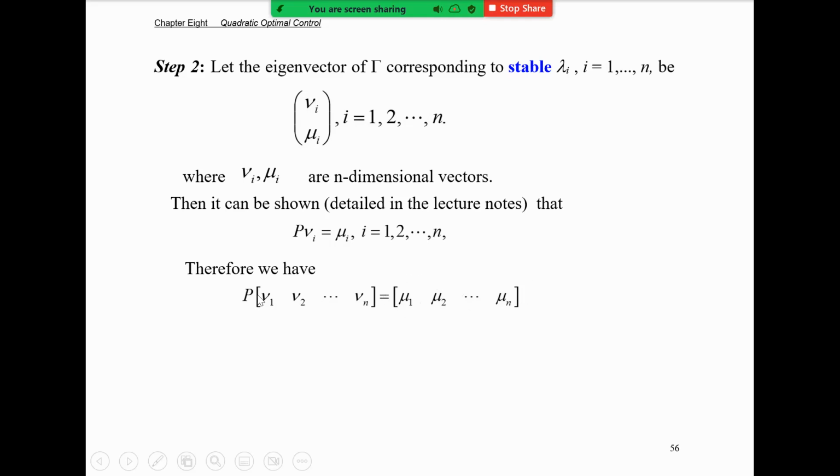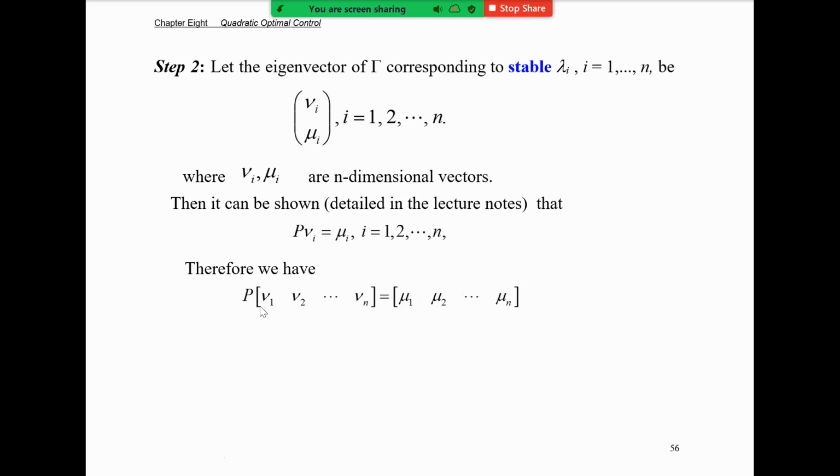Now you can solve for P, because those V1 and so on are eigenvectors for different eigenvalues. Definitely they will be independent.